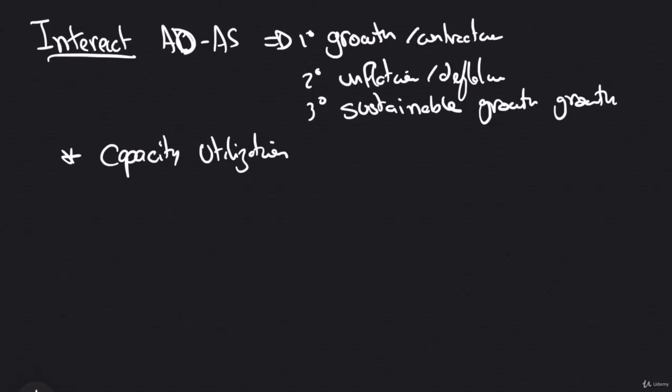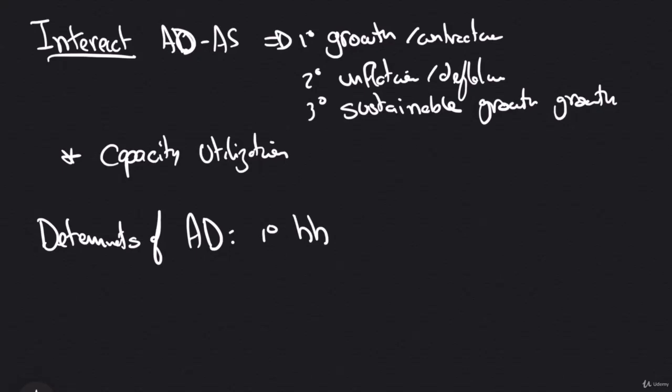So, what are the determinants of aggregate demand in order to know what shifts it? Well, the first principal determinant is household wealth. When people feel wealthy, they usually buy more stuff, they spend more, and that will increase aggregate demand.